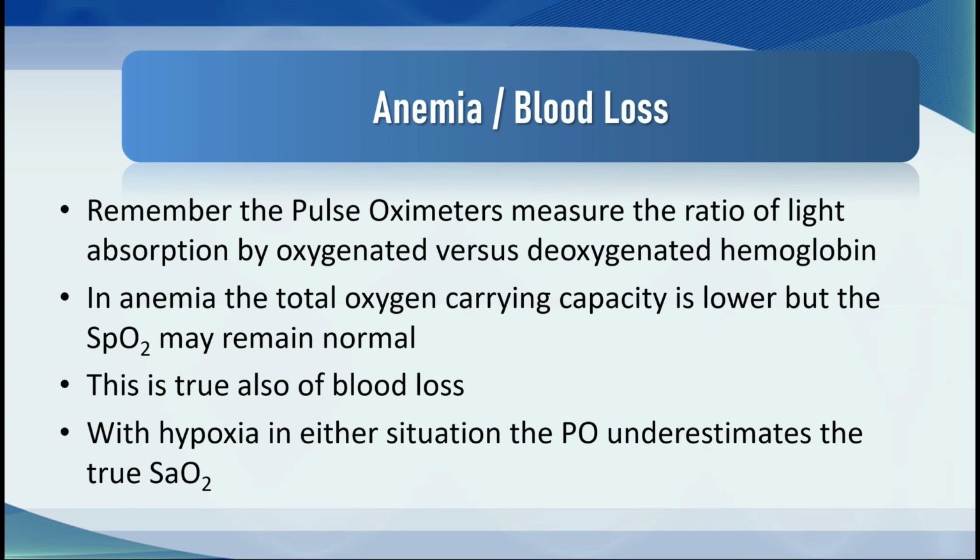But in a situation of blood loss or anemia with hypoxemia, the pulse oximeter generally underestimates the true SaO2. So if you have someone who is bleeding in the operating room or the ICU and their saturation is reading 88%, it's a bit like that situation where the blood pressure has dropped. It gives you a false low reading.